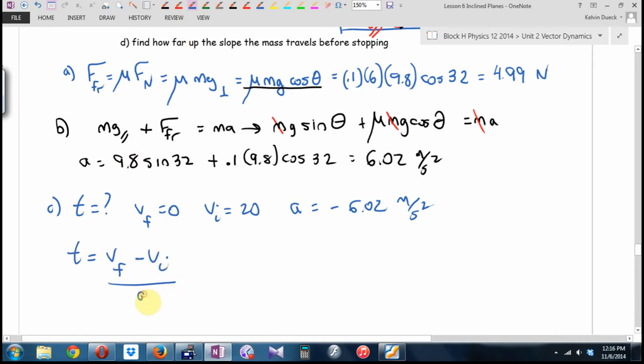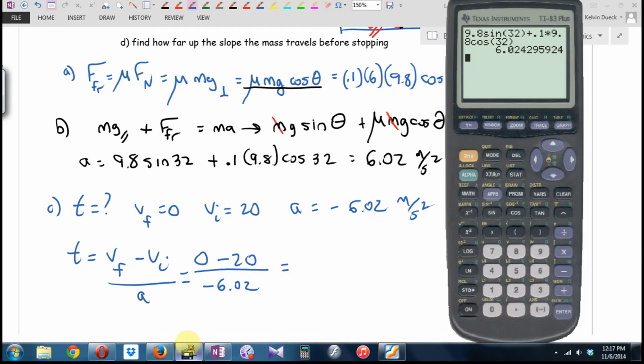So it's going to be 0 minus 20, all over negative 6.02. I can do that. Bracket 0 minus 20, all over negative, I'll go negative answer button. And I get 3.32 seconds.